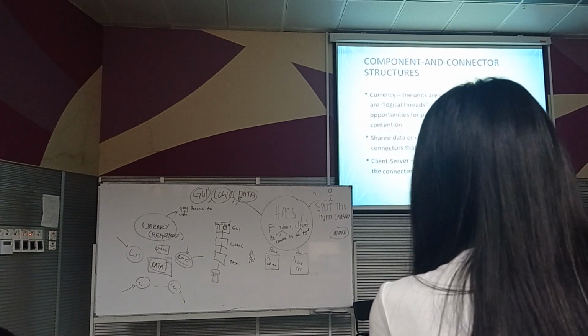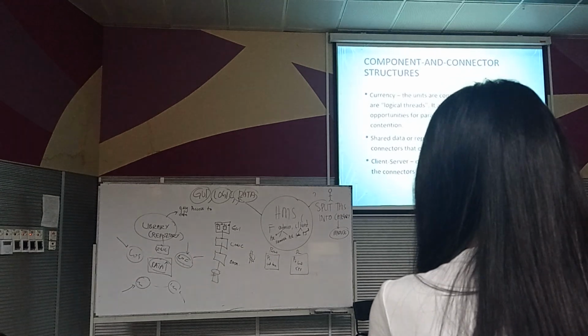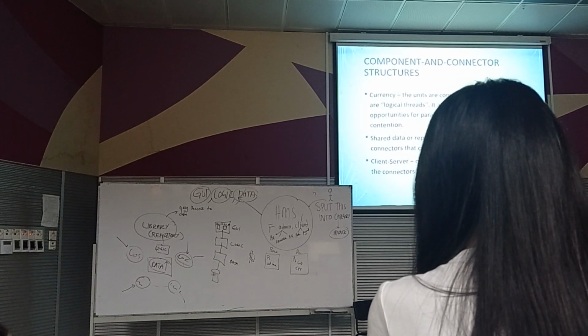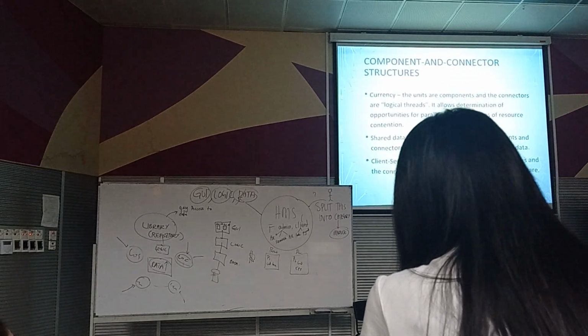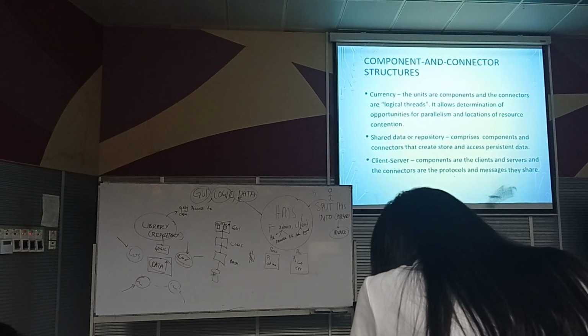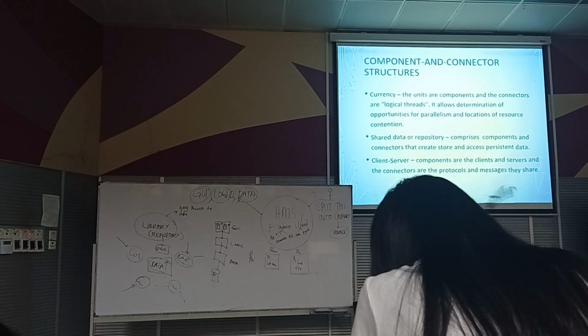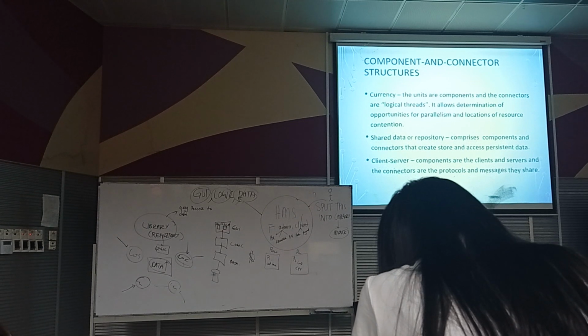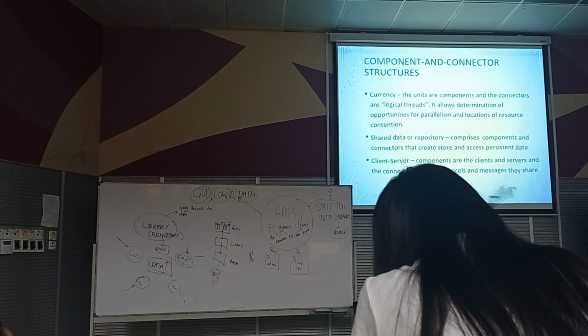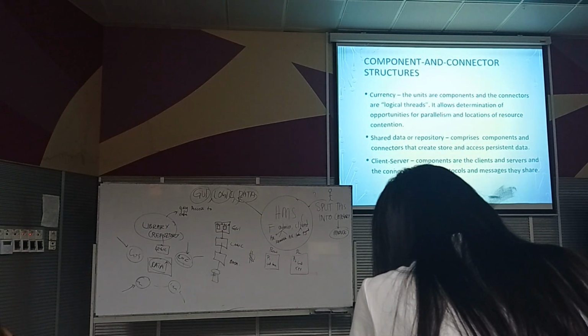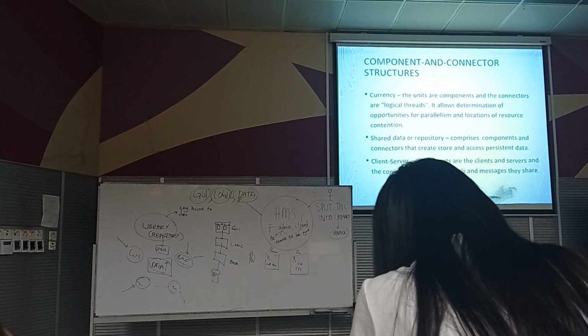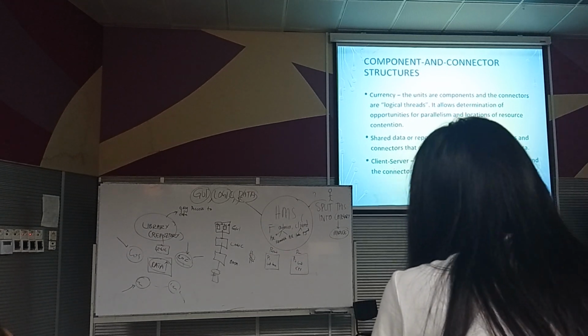It means the way you think about your architecture is which group of software elements will become the client, the one that requests, and which group will become the provider of the service. That is called component and connector structure.